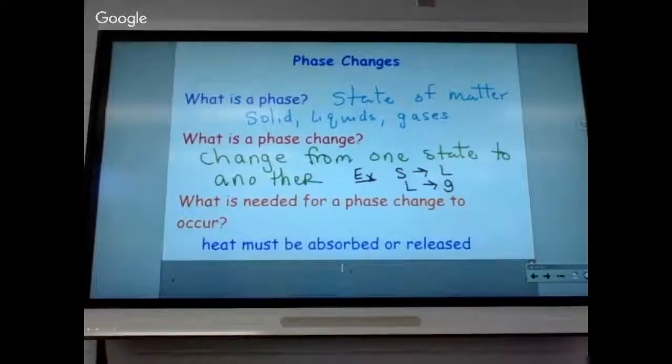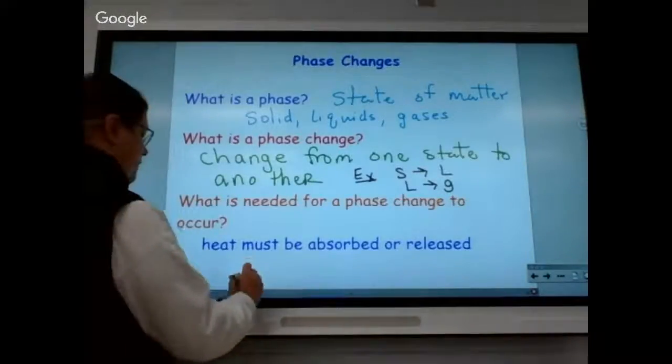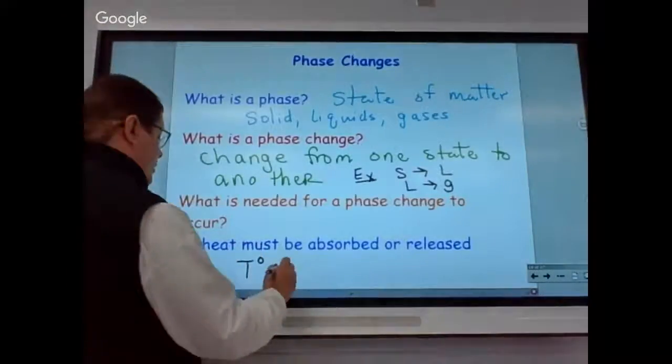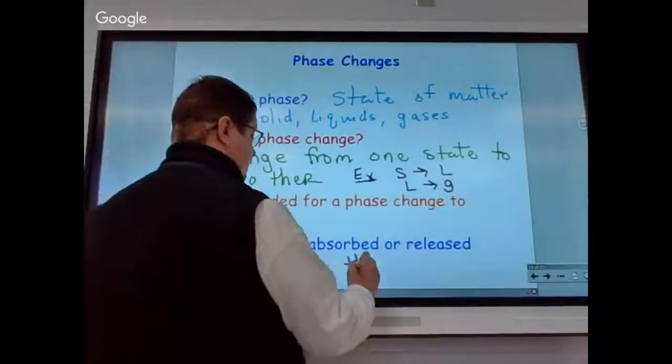In order for a phase change to occur, temperature doesn't change at all. Temperature stays the same. Heat is absorbed or released. This is the piece that everybody gets wrong all the time. T with a degree symbol is temperature. Temperature stays the same.